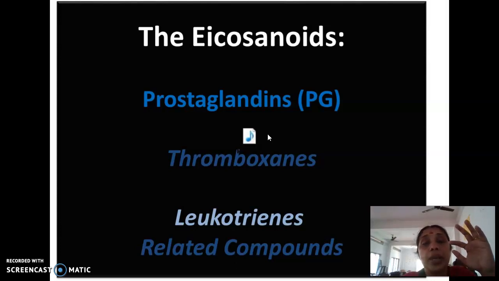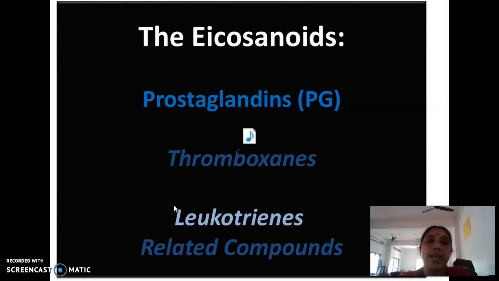Then there is another class of compounds known as lipoxins. These are related compounds, meaning that from leukotrienes, by the action of an enzyme, we can synthesize lipoxins. Clear. So the various types of eicosanoids are mainly prostaglandins, thromboxanes, and leukotrienes, but they also include some other classes of compounds known as prostacyclins, lipoxins, etc.